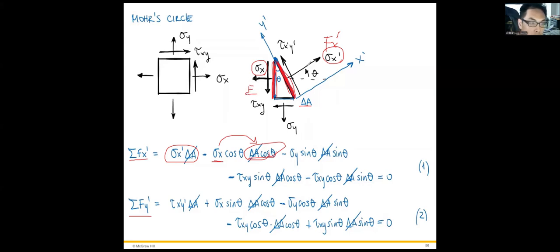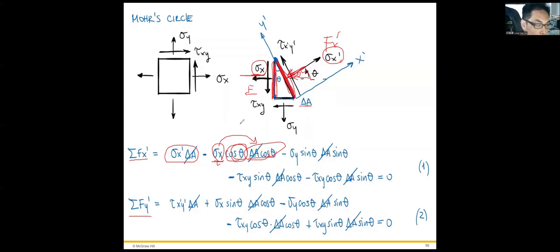And then if we use this triangle right here, this is the force and this is the theta, and the force times cosine theta will get us what? The component of this stress and force along the x prime direction, which should be this direction.